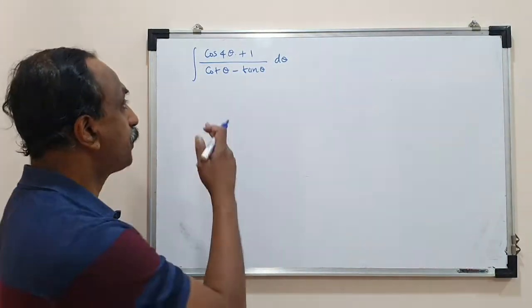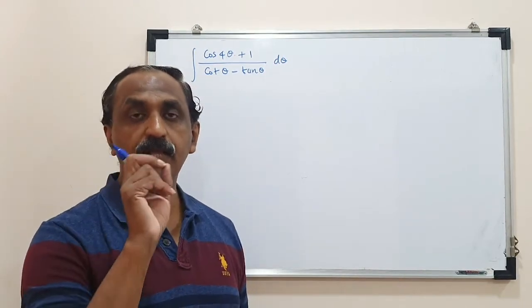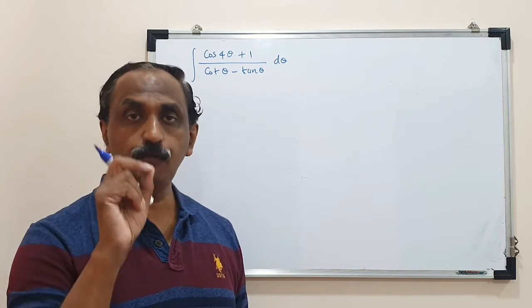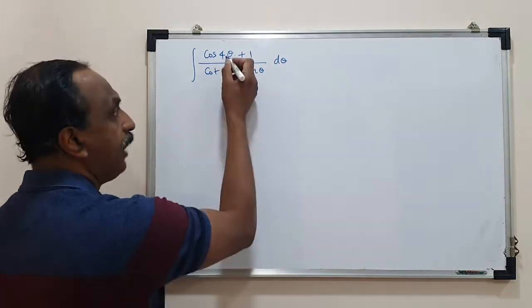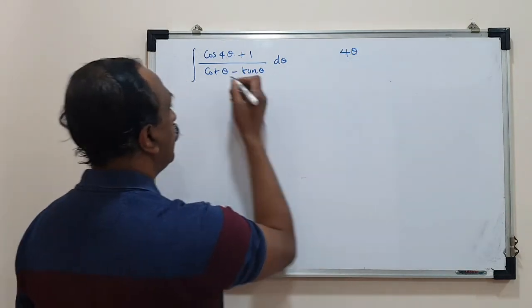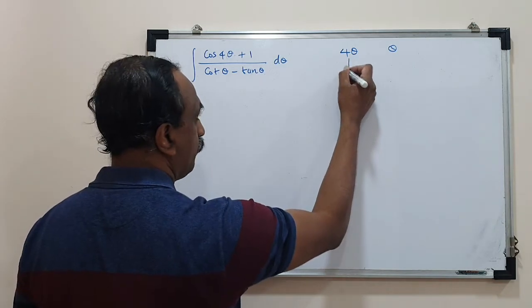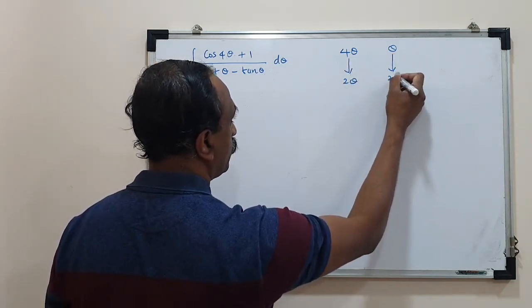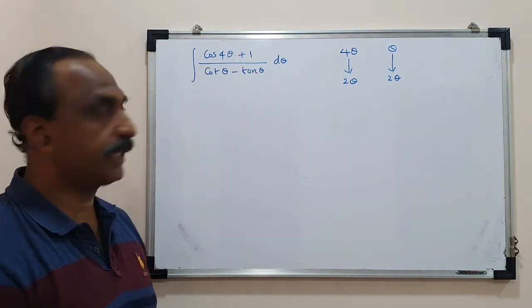How do we approach this problem? First and foremost, as I have told you, if the angle part is different, the function cannot be manipulated. So the first thing you need to do is make the angle part the same. We have 4 theta here and theta here. So I am going to convert this 4 theta into 2 theta, and this 2 theta into 2 theta, so that the whole function will be in the same angle.